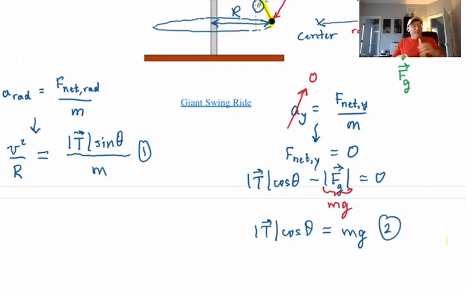That'll be enough. Remember, my goal is to find an expression for v. How fast is the particle moving around in its horizontal circle? I couldn't just stop with equation 1. You see why, and claim I had my answer? I couldn't just solve equation 1 for v and say, I'm done. Do you see why that's not acceptable?